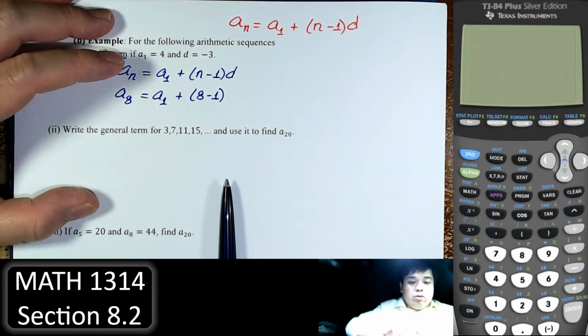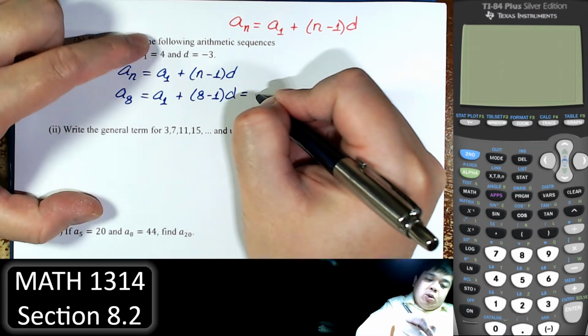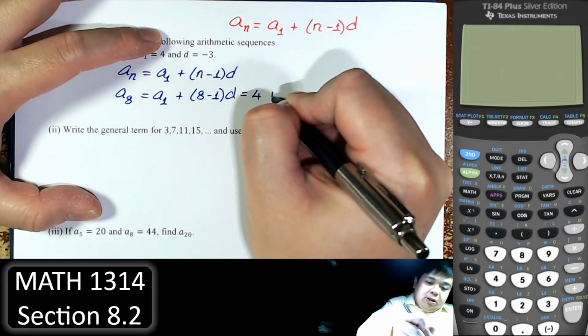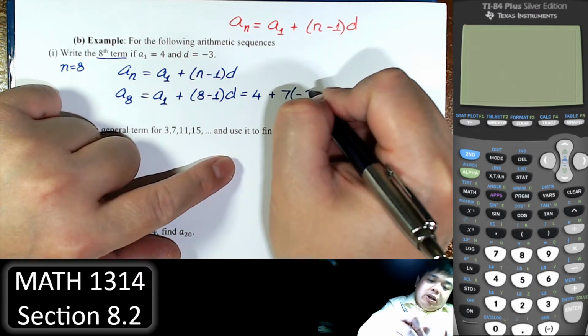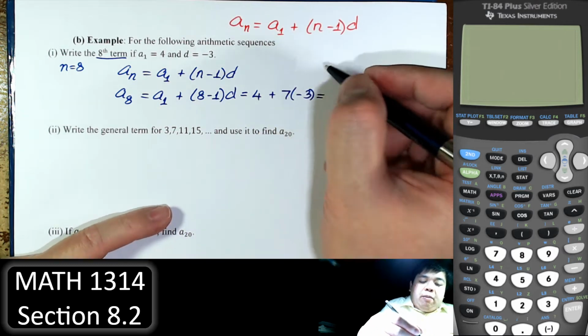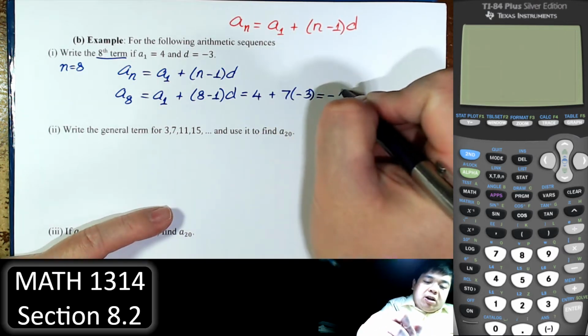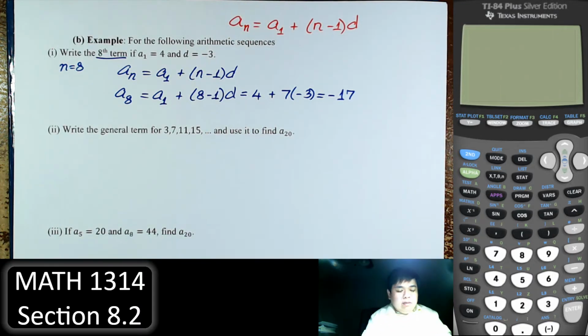And we do know the first term and the common difference. So a1 is 4, 8 minus 1 is 7, d is negative 3. So 4 minus 21 is negative 17.